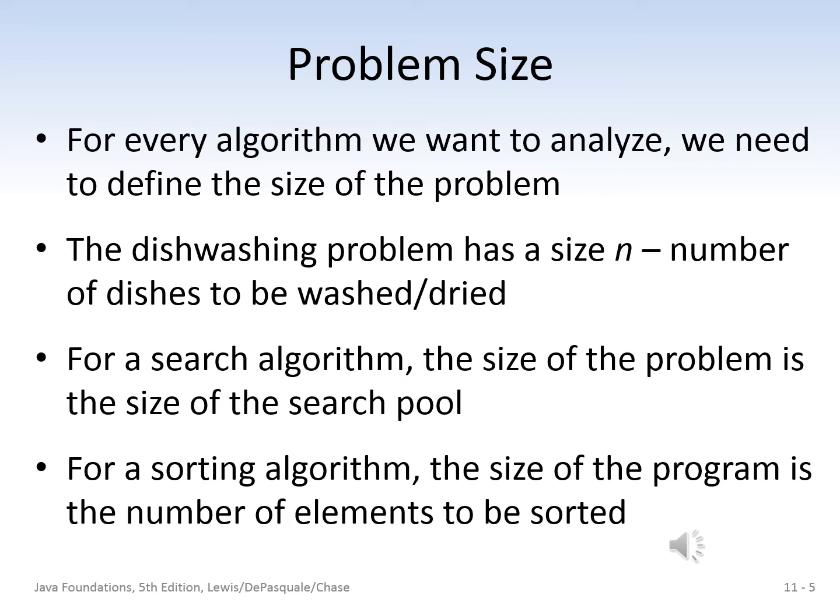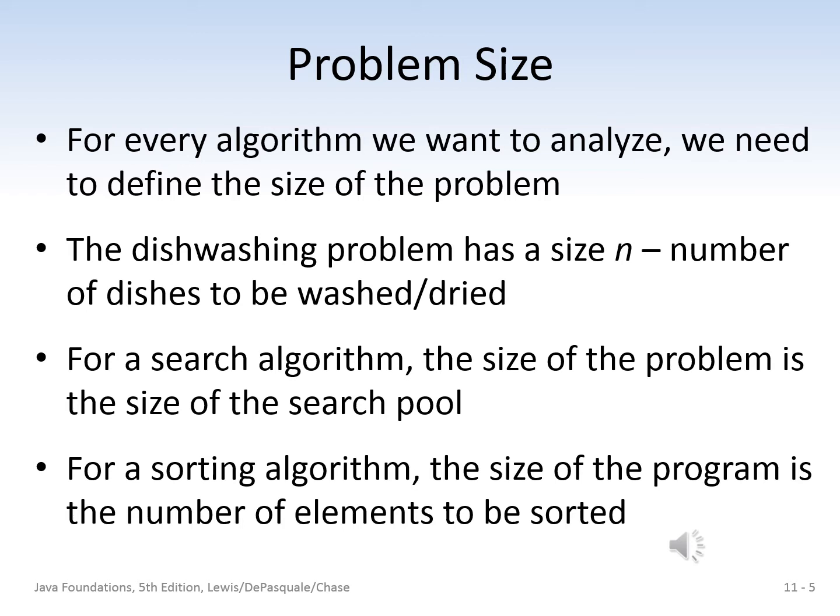When we go to analyze an algorithm, we need to define the size of the problem the algorithm is designed to solve. The dishwashing problem has an N size, N being the number of dishes to be washed and dried. For a search algorithm, the size of the problem is the size of the search pool.